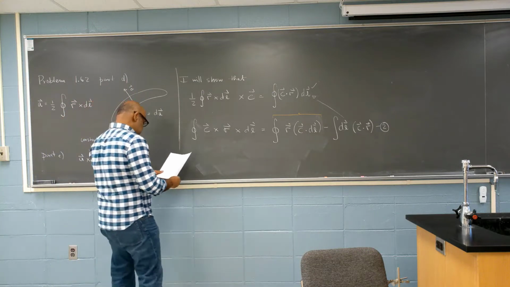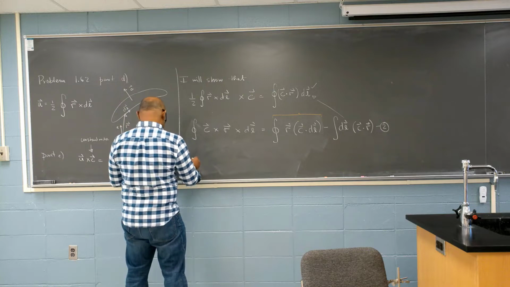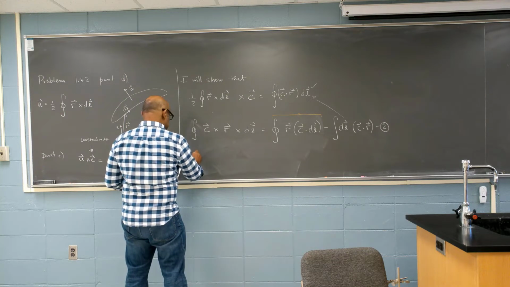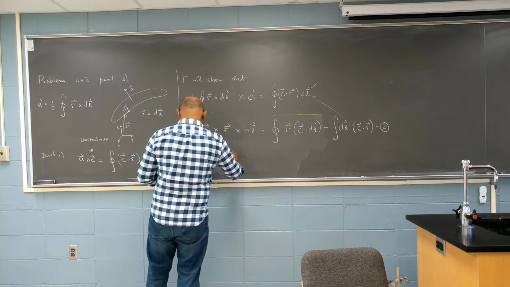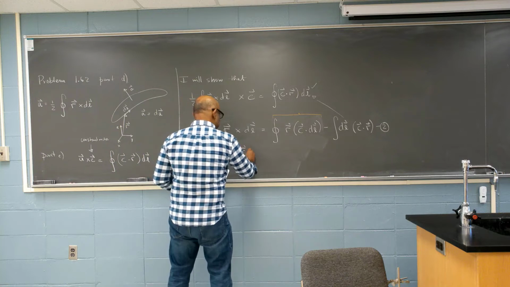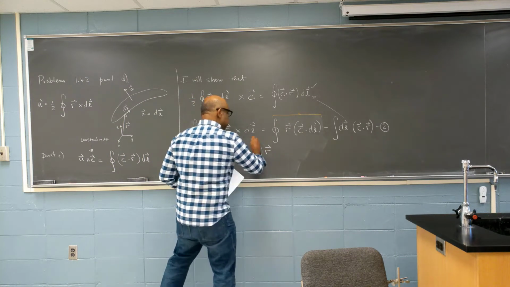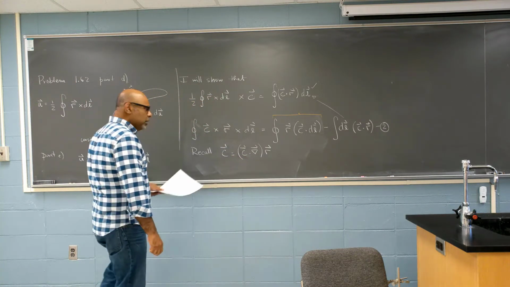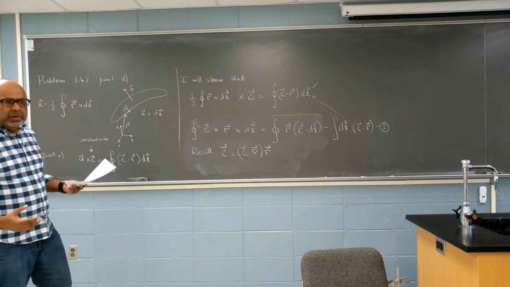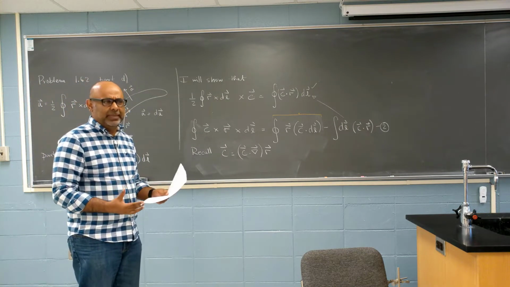Okay? So now, first of all, recall, we showed this before, yesterday. It's an odd way to write it, but if you have a constant vector, you can write this, okay? So all we're going to do is really vector relations and properties, just back and forth.